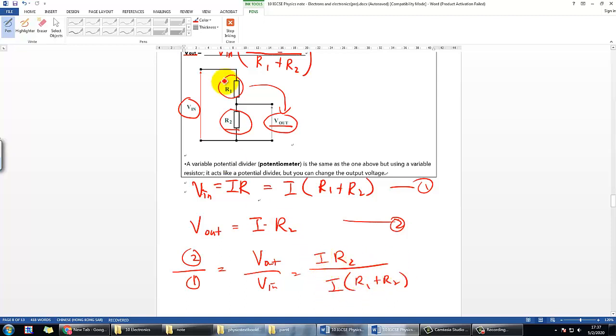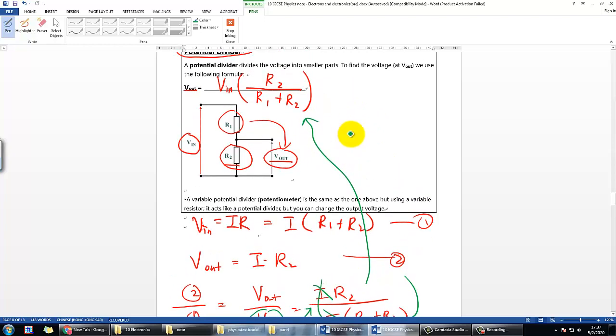Of course you can cancel out the I. As I said, they are the same, so you can simply cancel the I from both sides. And that actually gets you the equation that we had. So the basic idea is whoever has the higher resistance will get a higher voltage, or vice versa.